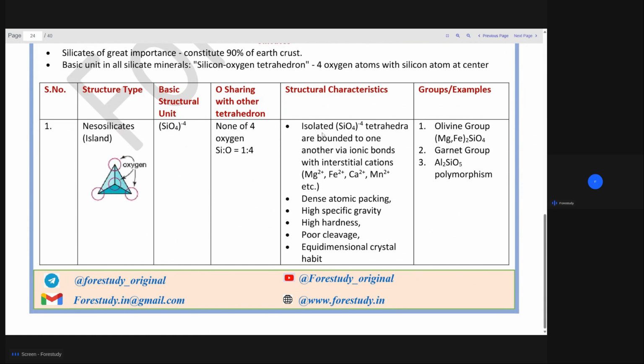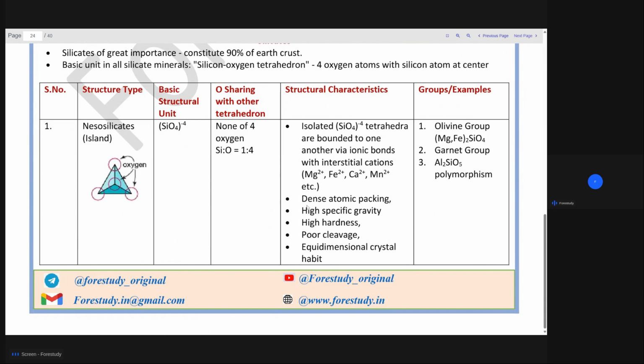Isolated tetrahedra are bound to one another via ionic bonds with interstitial cations Mg2 plus, Fe2 plus, Ca, Mn, etc. It can have interstitial cations to balance the valency, the minus 4.